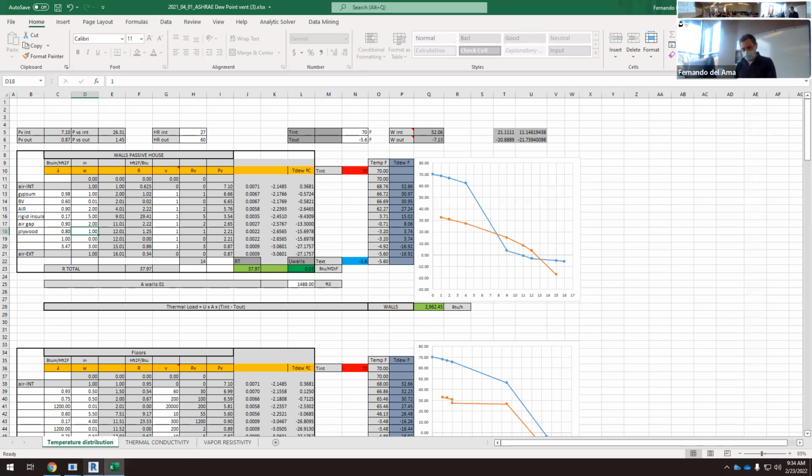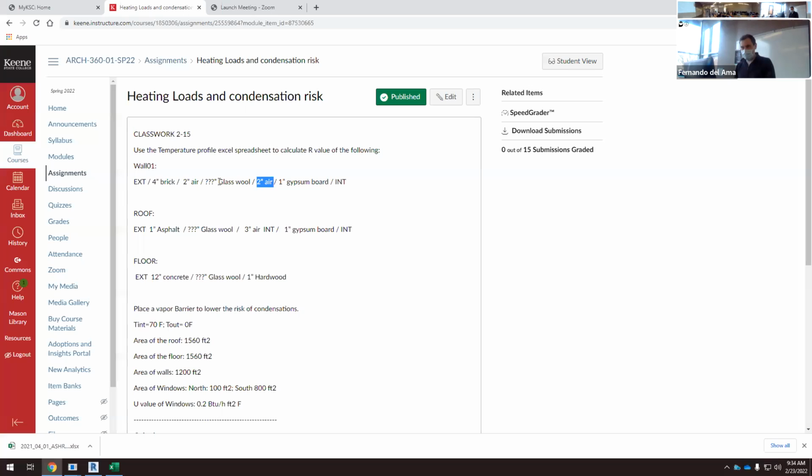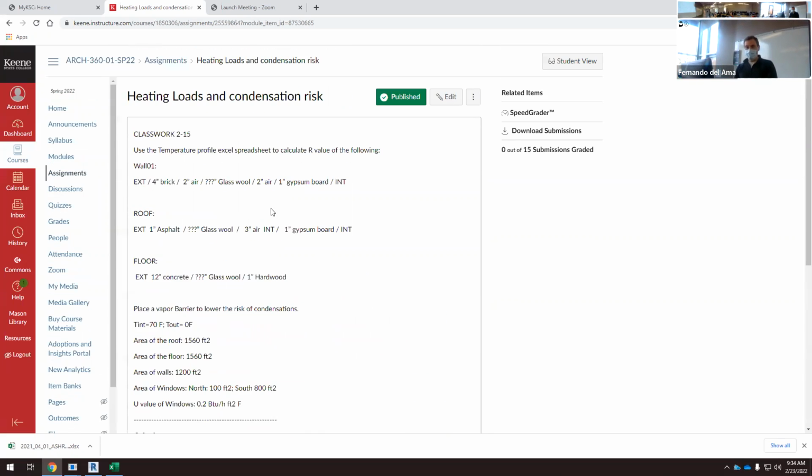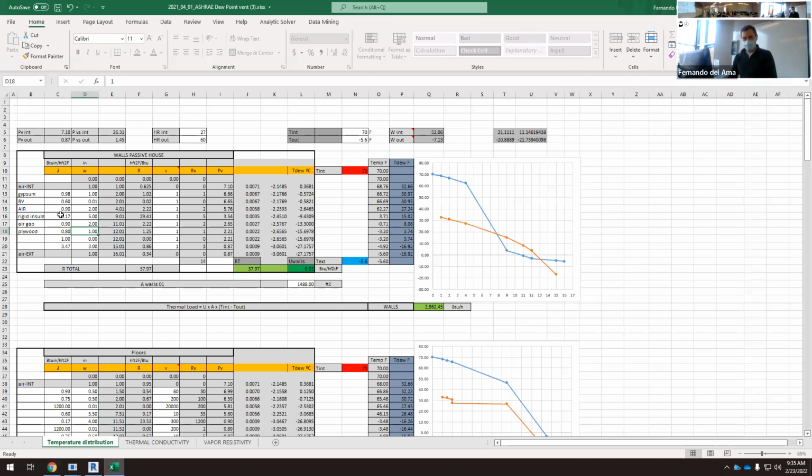Then the next layer is the glass wool. This is what we want: the R value of the wall has to be more than 40. So you have to calculate the thickness or the width of this glass wool. First, we have glass wool.